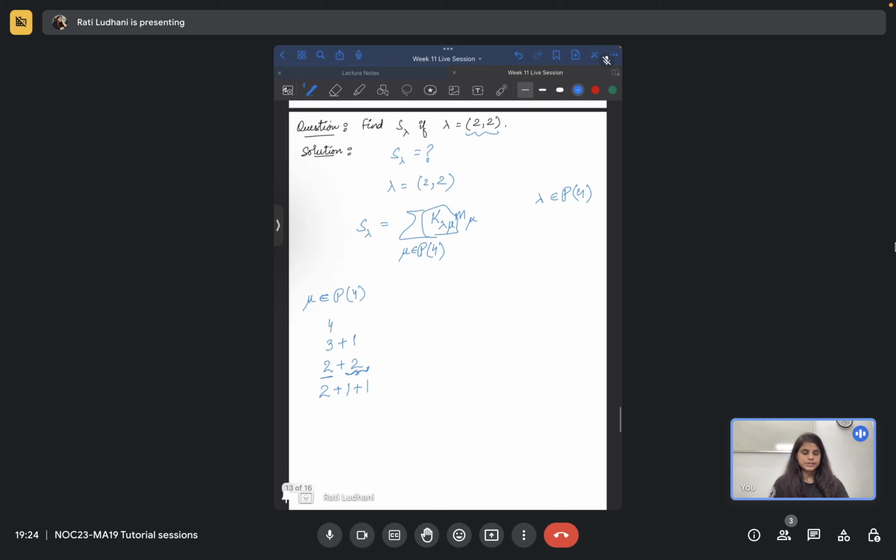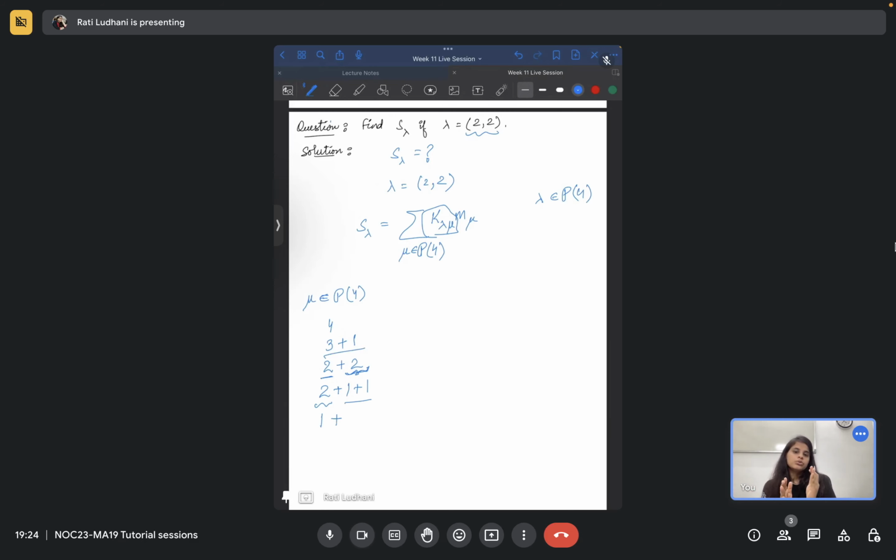So this is recursive. There is no other option for 2, so now you go down by 1 and you get 1. You are writing in the decreasing order, so when you subtract, you cannot write 3, because 3 plus 1 has already been considered.